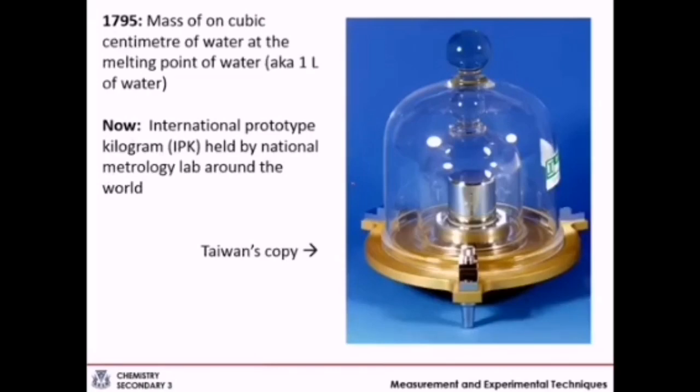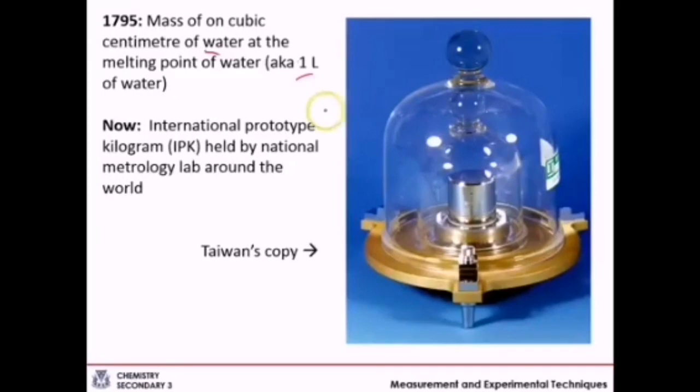Starting from mass, the mass of a cubic centimeter of water at the melting point of water. Now this definition is from 1795. Now the international prototype kilogram held by a national metrology lab around the world was a standard mass which is used right now to measure the different masses in the world.